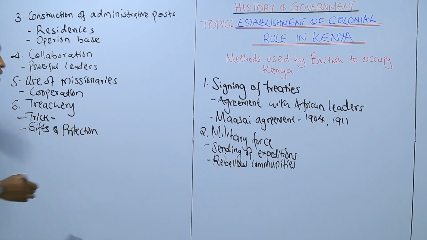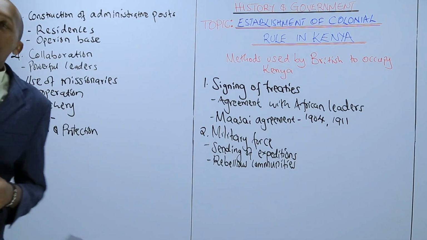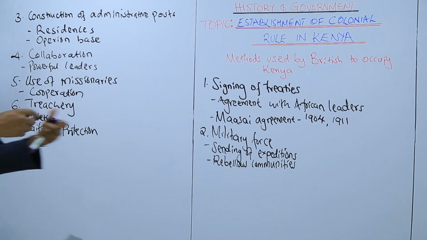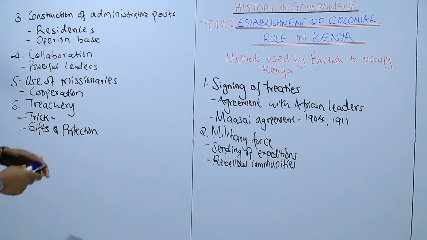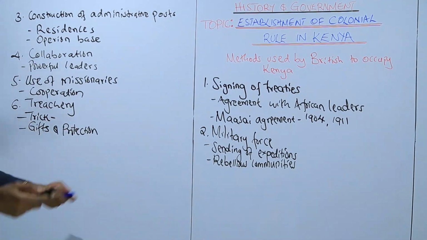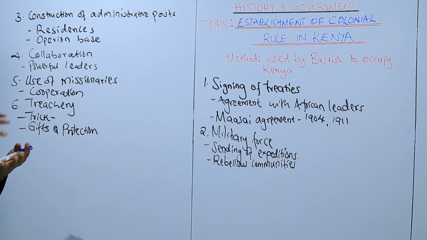So they would come to a leader and tell them, we are going to offer you protection. For example, Lenana, we are going to offer you protection against the Agikuyu. So Lenana was the leader of the Maasai, and they had traditional rivalry with the Agikuyu.